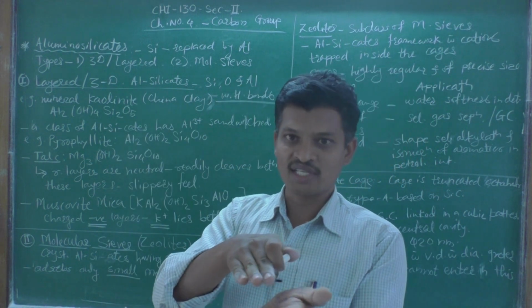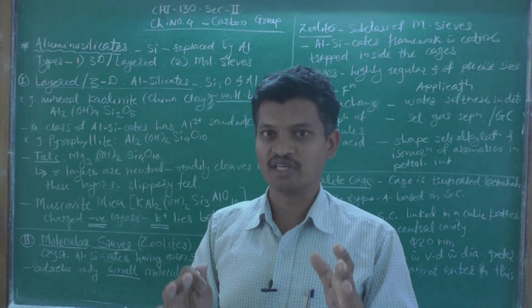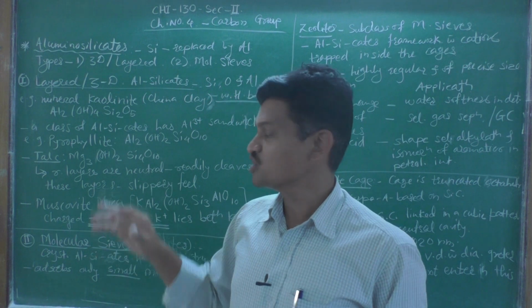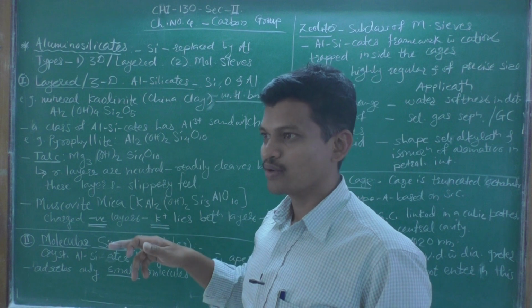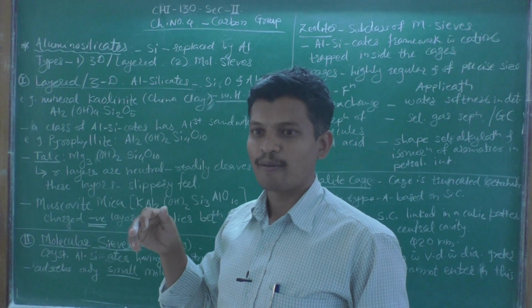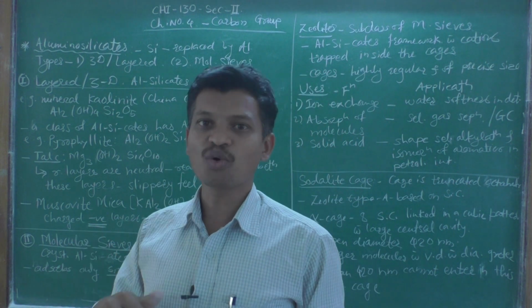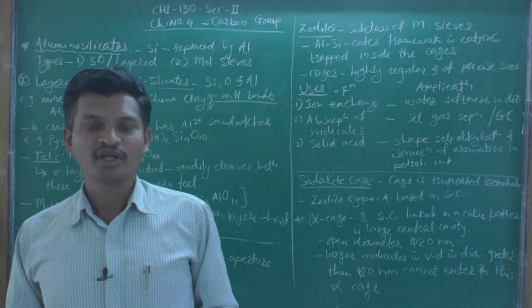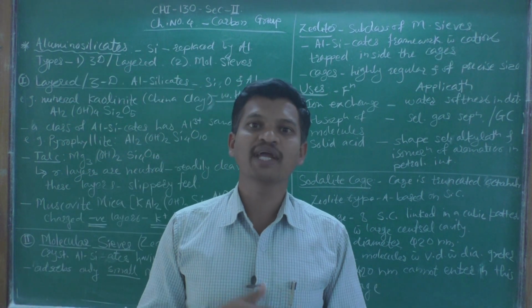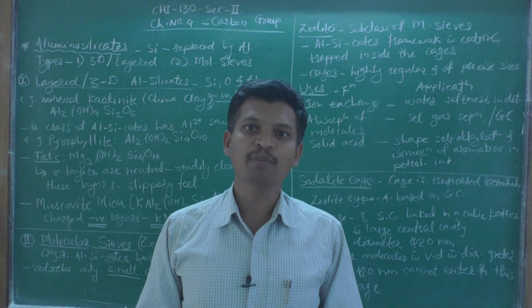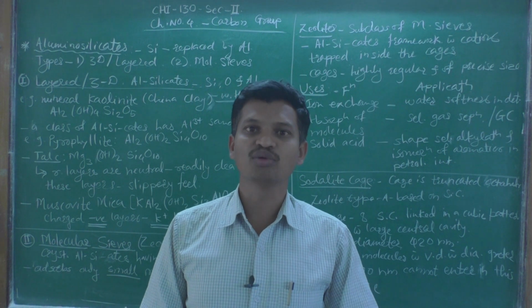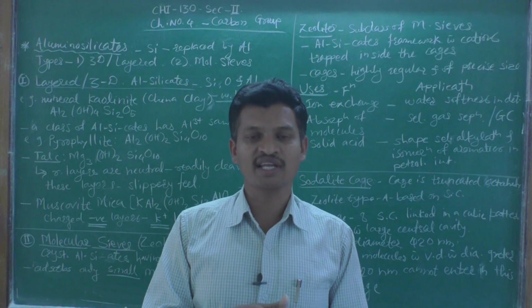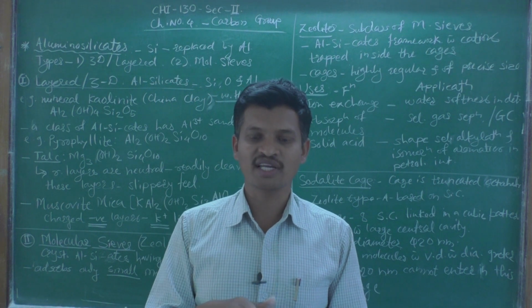Silicate layers in 3 dimensions, you can imagine. And due to these weak hydrogen bonds, when water comes in contact with this China clay, these weak hydrogen bonds may get broken and water can penetrate into these layers of the China clay.